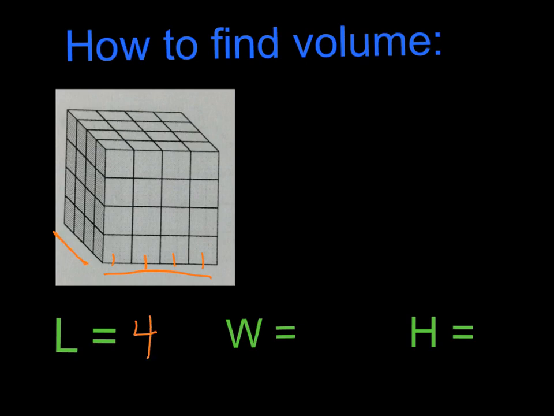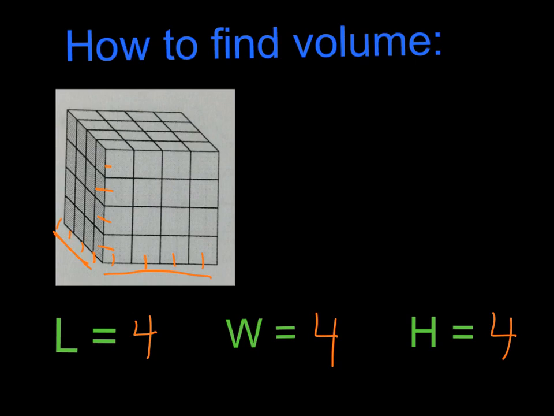The width is how far back it sits, and it's 1, 2, 3, 4, so 4 units again. And the height, how tall is it? 1, 2, 3, 4. The height is 4 units again. That's how we know it's a cube, because the length, the width, and the height are all the same.